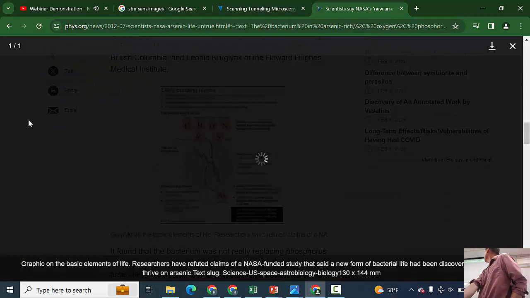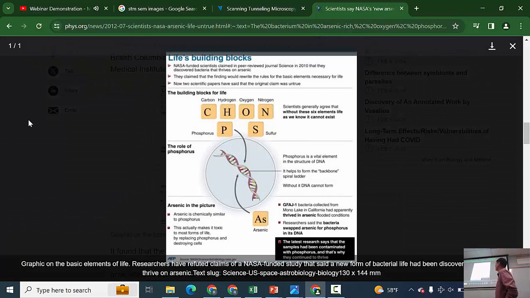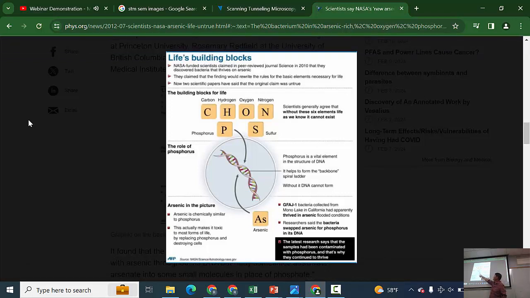This is kind of interesting. Life's building blocks. The atoms are the building blocks of matter, and the composition of DNA and the structure of DNA.